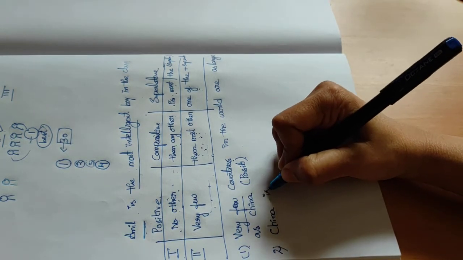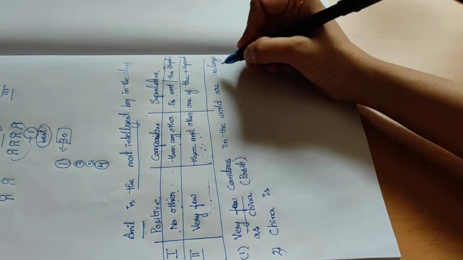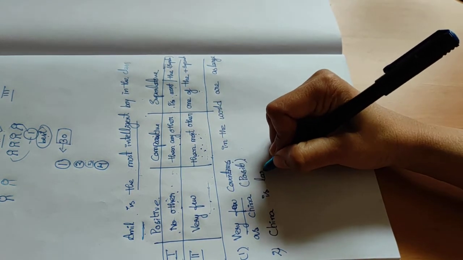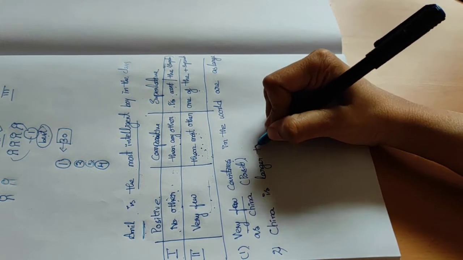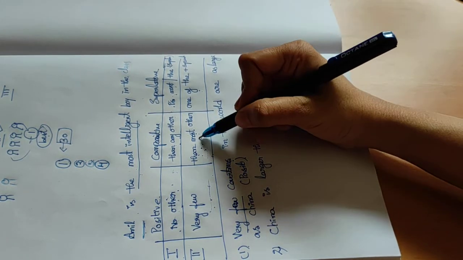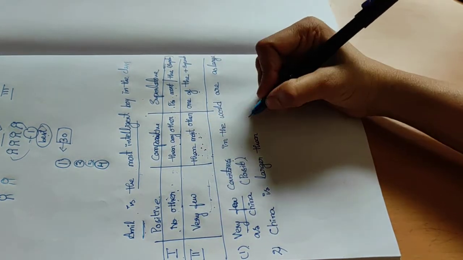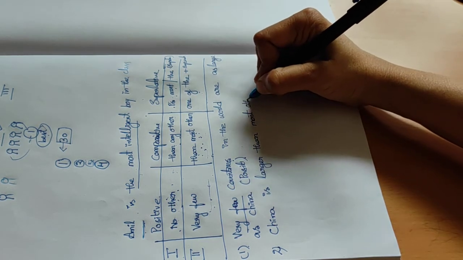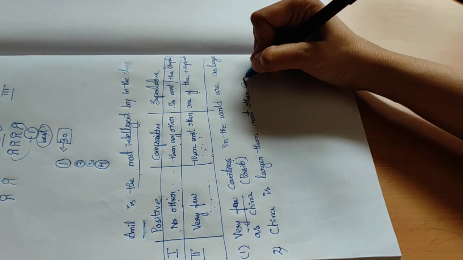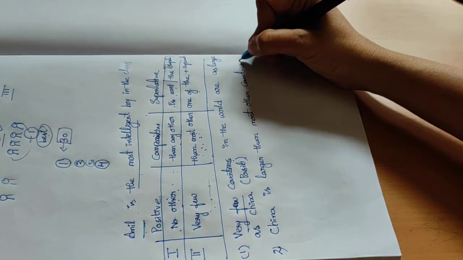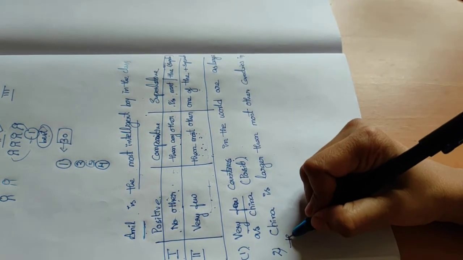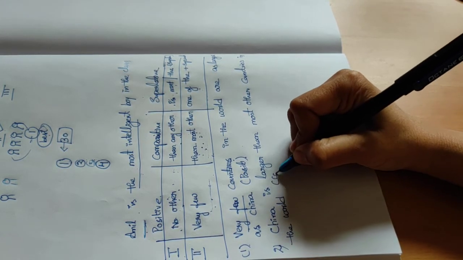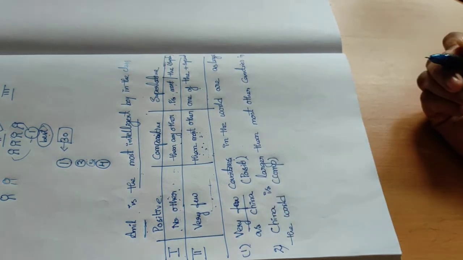China is larger than most other countries in the world. Here we have to use most other. Okay, this is the comparative form.